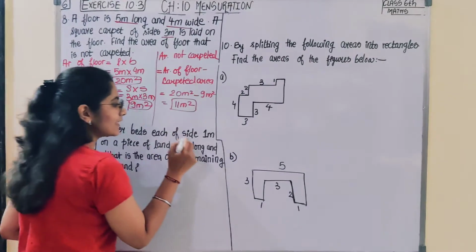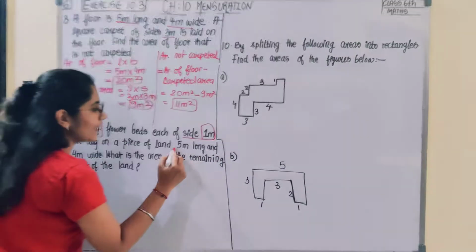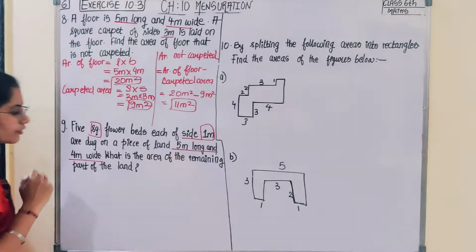Square flower beds, each of side 1 meter, are dug on a piece of land 5 meter long and 4 meter wide.